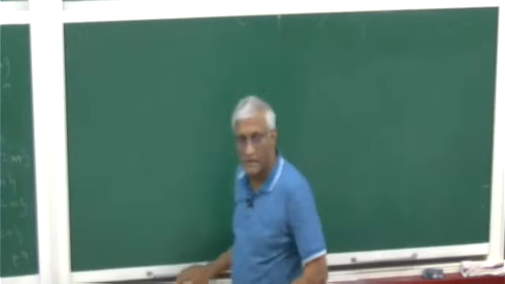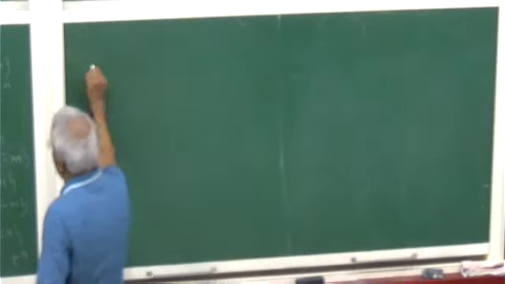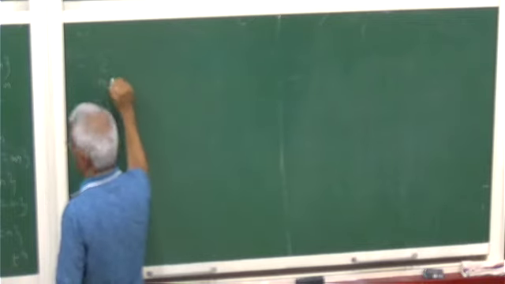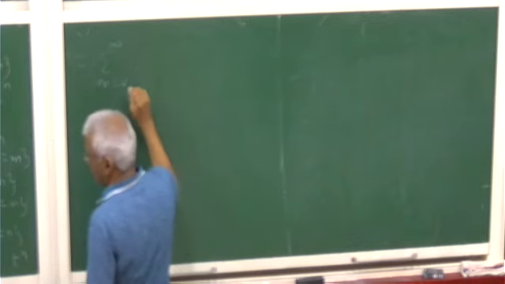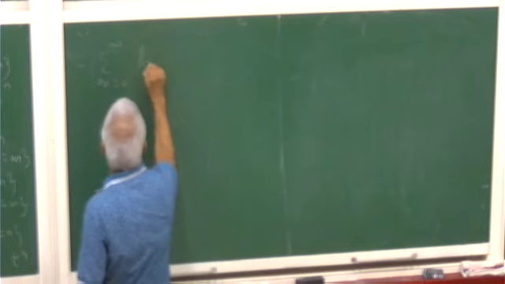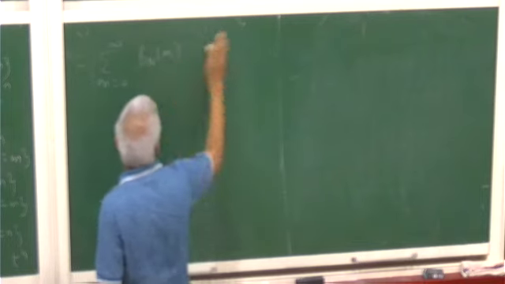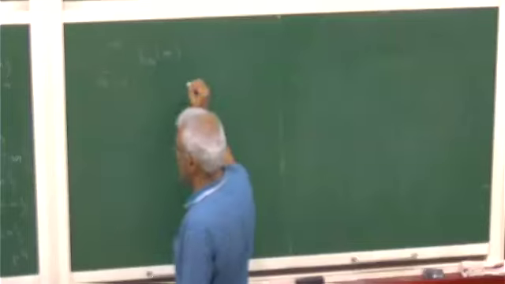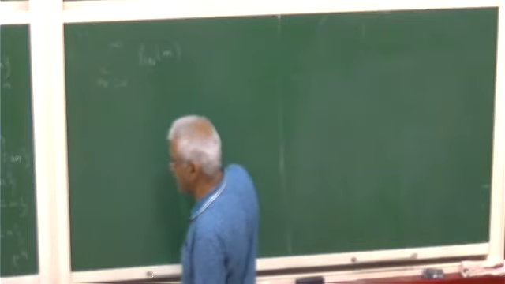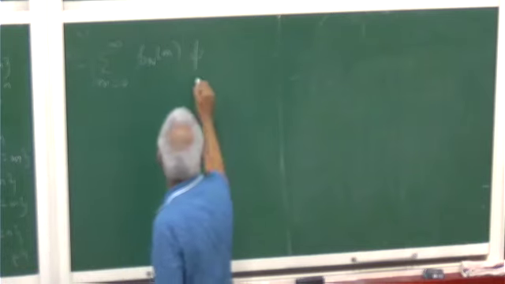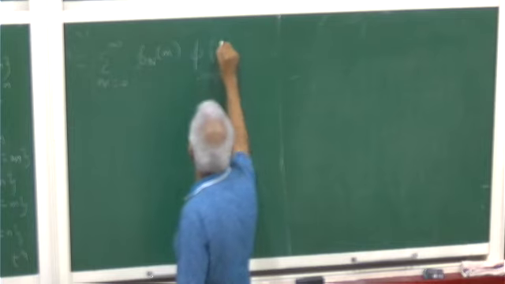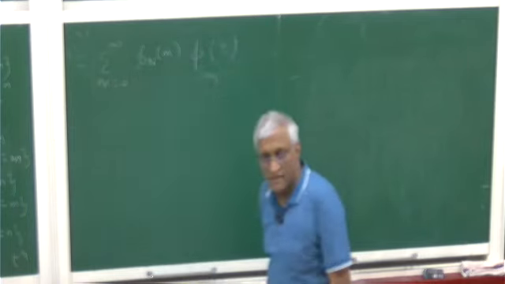So now this is equal to the summation m equal to 0 to infinity. Then I have the probability, which is just F_N of m. Then that is just phi S_m of t.